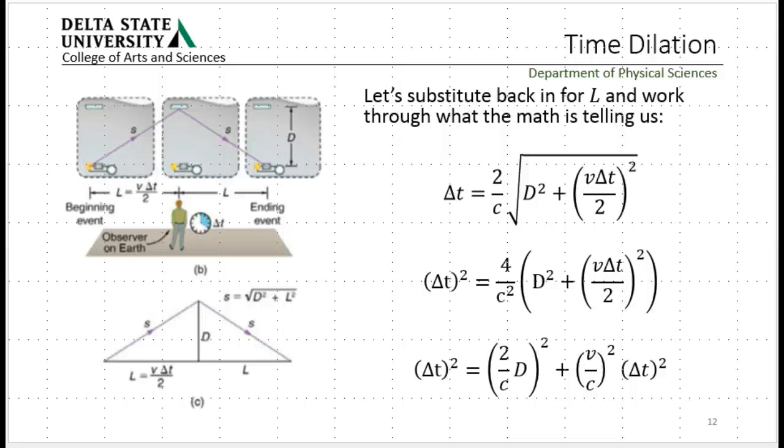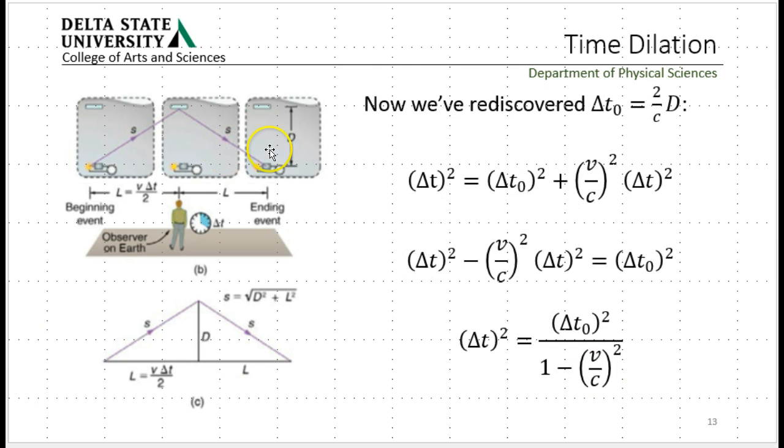And I rearrange a little bit here to make this 2 over c times d squared. That's our old delta t0, that's delta t0 that the astronaut experienced, and this is v squared over c squared.